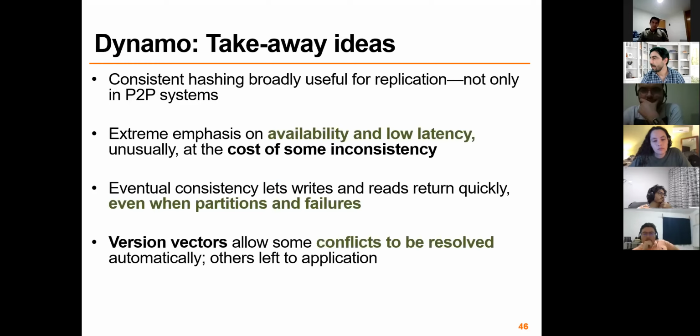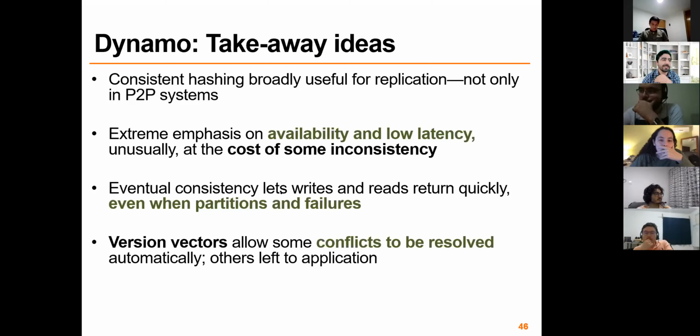So the takeaway idea from Dynamo is that consistent hashing is broadly useful for replication, not only in peer-to-peer systems. Dynamo has an extreme emphasis on availability and low latency, usually at the cost of some inconsistency, but that's not a big deal for a system like Amazon.